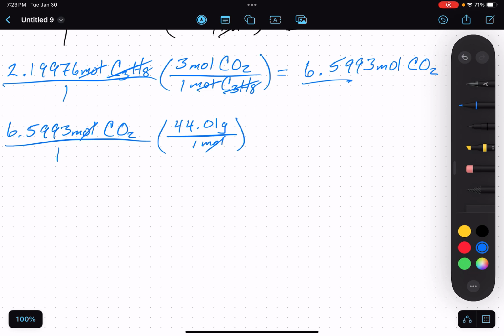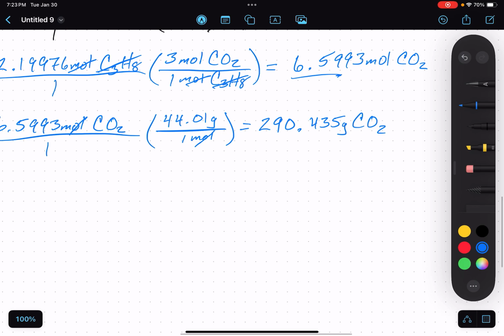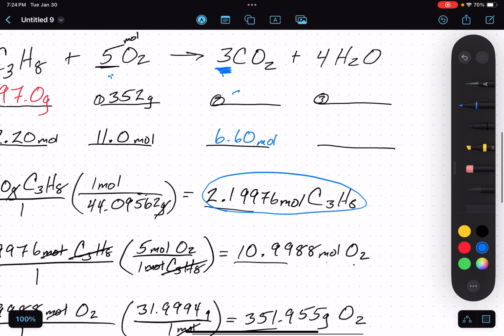Moles will cancel out, and that comes out to be 290.435 grams of CO2. I'm guessing 3 significant figures: 290, and this is a 4, so that's going to remain the same. So technically that would be about 290 grams.